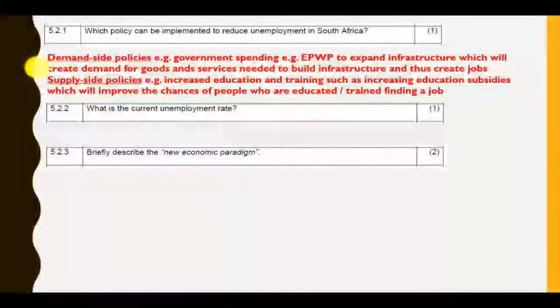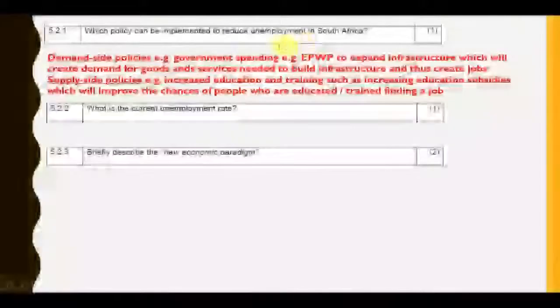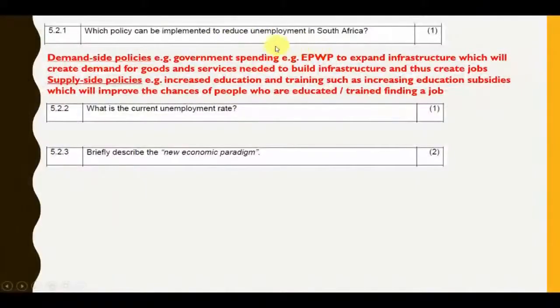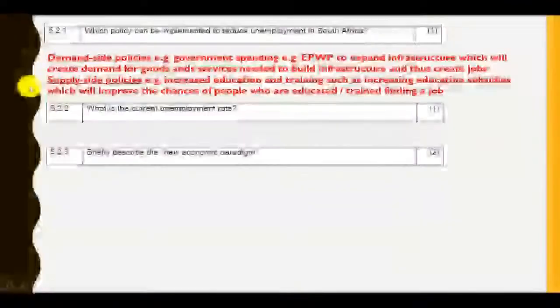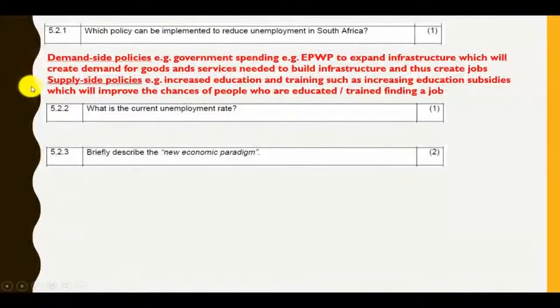For example, increasing education subsidies, which will improve the chances of people who are educated or trained finding a job, and that will reduce unemployment, which is what the question was all about. So you can talk about demand side policies, or you can talk about supply side policies.